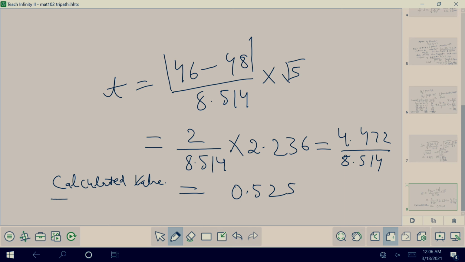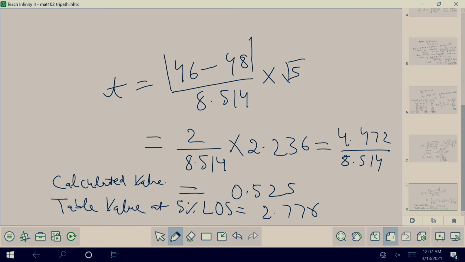And what is the table value? Table value at 5% level of significance, and degree of freedom is 4, is given as 2.776. Now you have to take a decision whether to accept the null hypothesis.